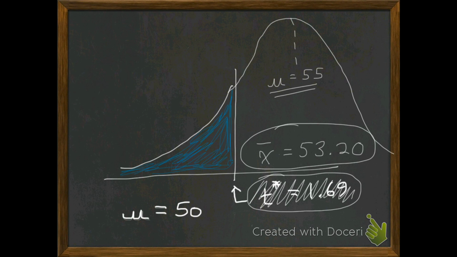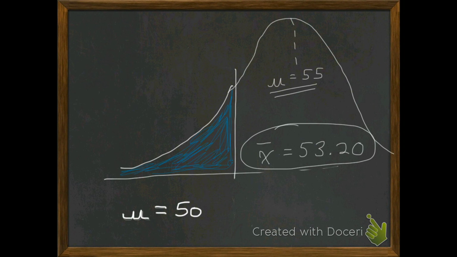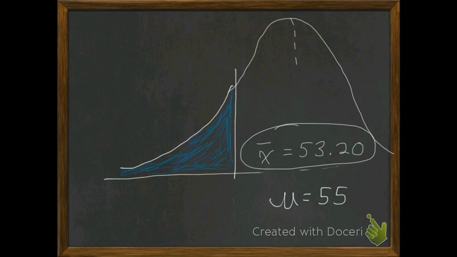Now, how does that help us once all the smoke clears? Well, we had to have that or we couldn't work the problem. If we're wanting to find the area of the blue part with a mean of 55, then we had to find its t-value.